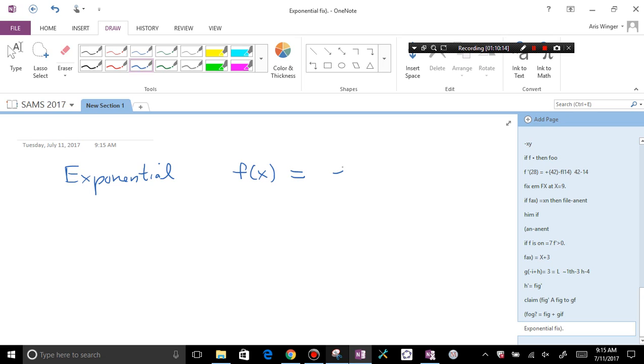It's e, that's right. f of x is e to the x. This is, of course, opposed to g of x equals 10 to the x, where h of x is 2 to the x.